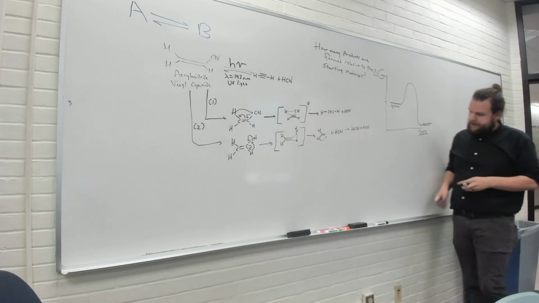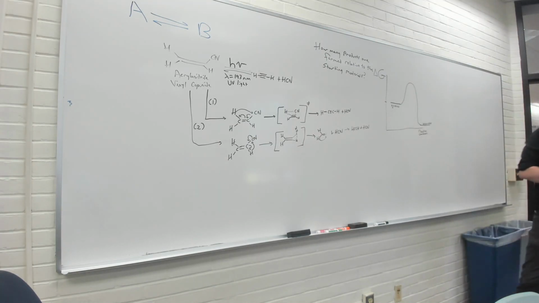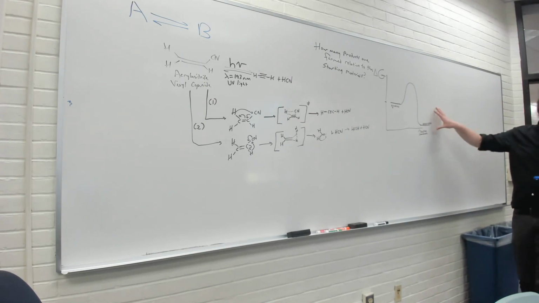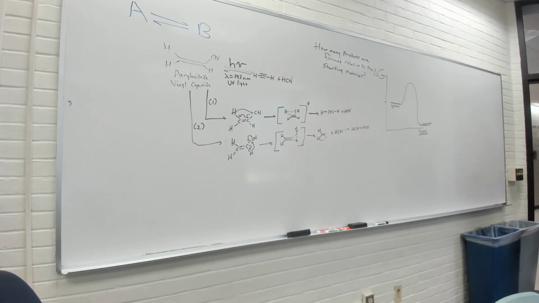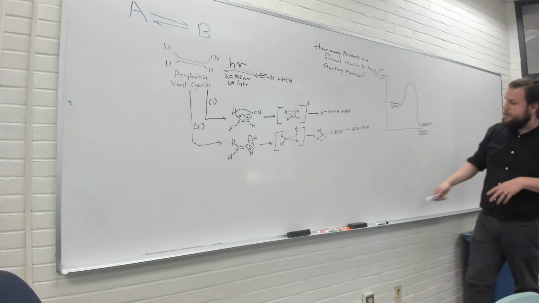Okay, so there's a big barrier. In fact, the barrier is so large that at room temperature, acrylonitrile can't decompose very fast because the barrier is much higher than the thermal energy at 300 Kelvin. So that's why we use a laser to do it, because the laser pumps you up really high in energy.